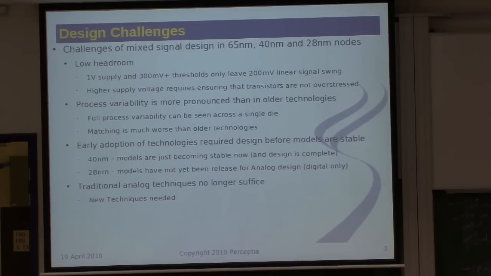One of the things that is happening as we move to smaller geometry processes is that the voltage you're allowed to put across a FET gets smaller. If you've worked with circuits, you've probably been given 3 or 5 volts, maybe even more.